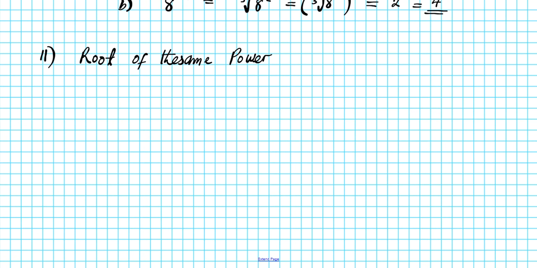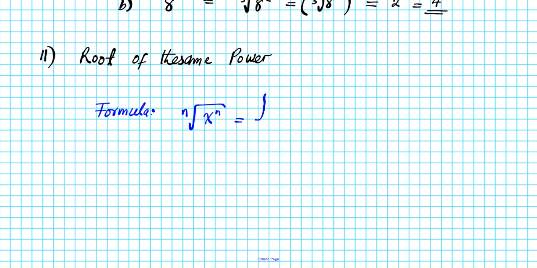Let's consider the formula. If you are taking the nth root of x to the n, where x is a real number and n is an integer, there are two possible outcomes depending on whether the power n is even or odd.